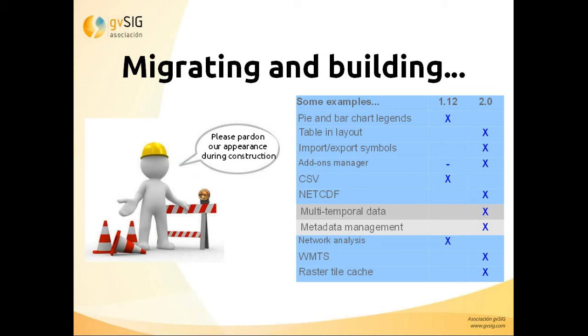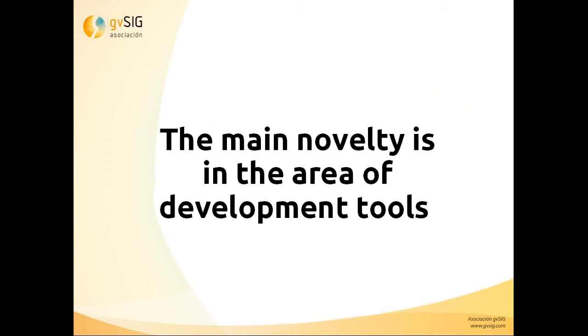So at this moment, it can be a little bit confusing for the users, because there are some functionalities only in gvSIG 1, other ones only in gvSIG 2, and some functionalities in both versions. So in the next months, most of the most used functionalities of gvSIG 1.12 will be migrated, depending on the resources.